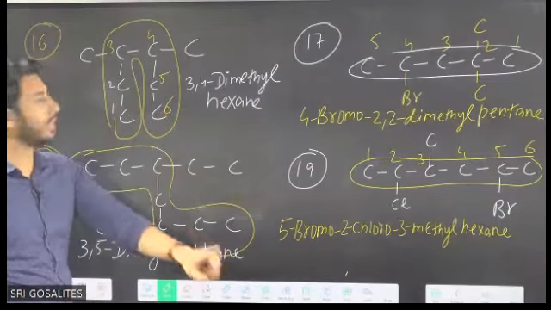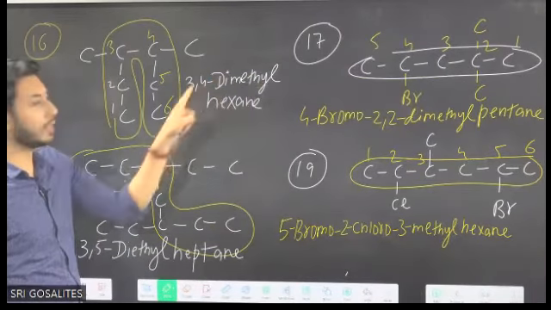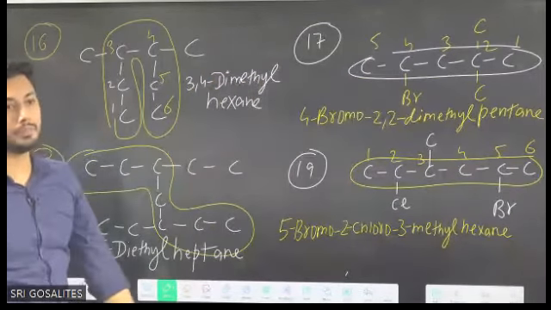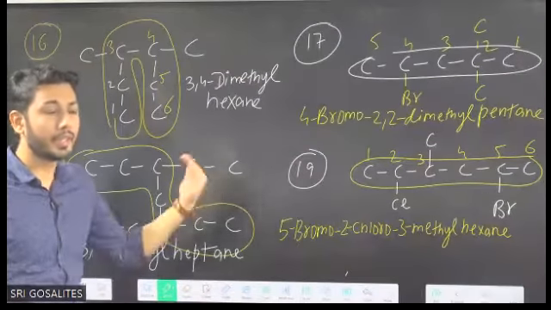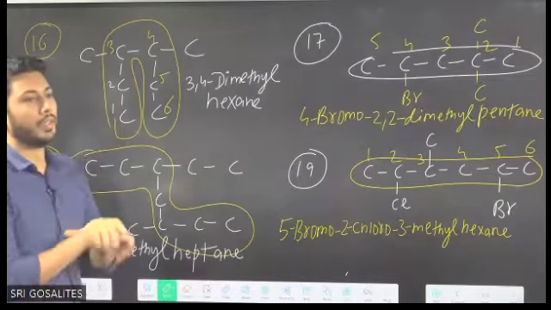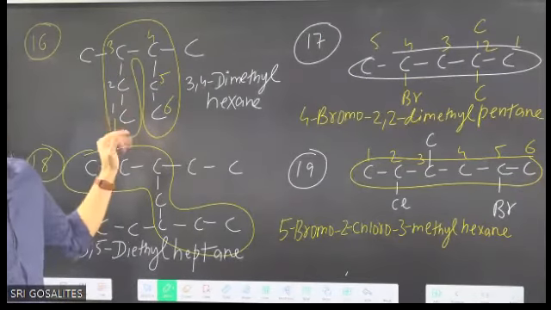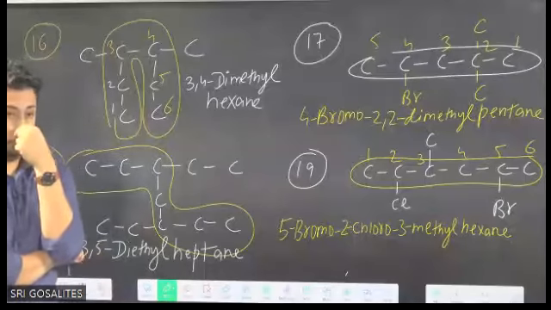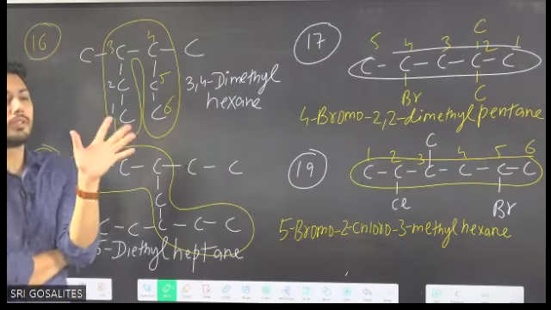Third and fourth position dimethyl, then hexane. One carbon CH3 methyl. Listen carefully in the class. That's what I'm saying. Do not skip in between. Methyl CH3. Okay. 16th completed. Still any doubt? I'll discuss one by one. Hold on.